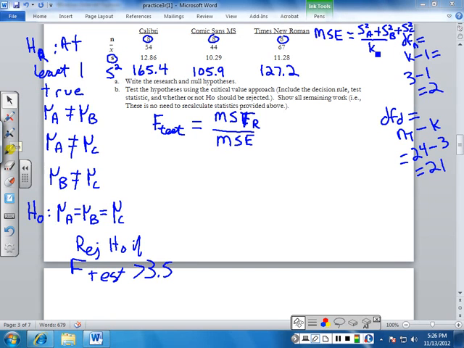So 165.4 plus 105.9 plus 127.2, all divided by 3.